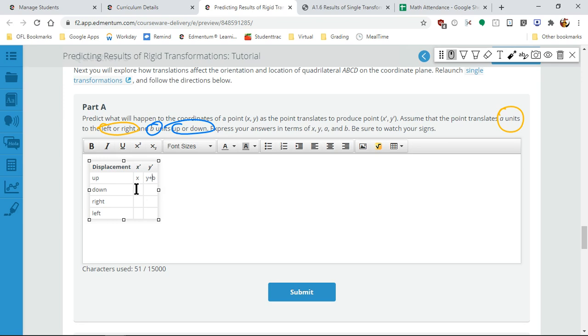If I'm going down, again, my x value stays the same, but my y value is being subtracted by something. That something is this b that we're talking about. So when I'm typing this in, x stays the same, my y is going to be subtracted by that b.